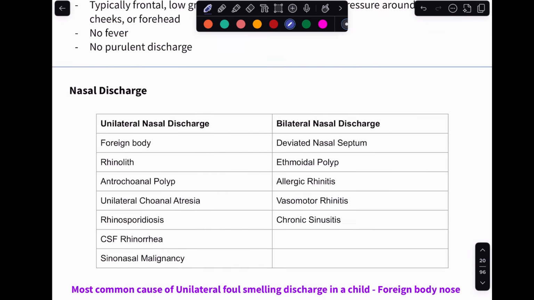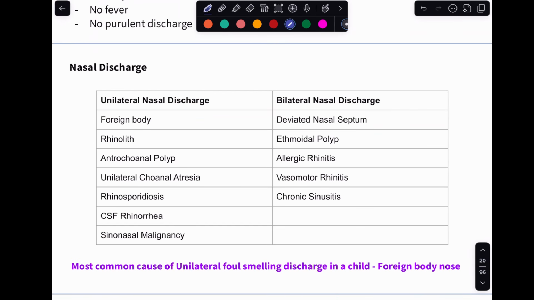Next, we also took a history of nasal discharge. Now, in case the nasal discharge was present, what will we think about? So again, this will be divided into unilateral nasal discharge or a bilateral nasal discharge. In case of unilateral nasal discharge, as I mentioned, the first cause you should think of in case of a child, if they have presented to you with unilateral foul-smelling nasal discharge, would be a foreign body of the nose.